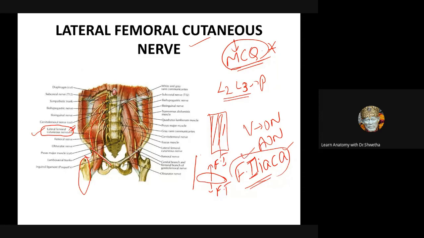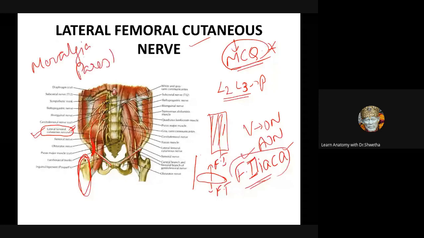substance of the fascia iliaca, not under. It is passing within the substance of the fascia iliaca, and within the substance of the inguinal ligament. Because of this, any irritation to this nerve will bring about pain in the upper lateral aspect of the thigh, and that condition is known as meralgia paresthetica.